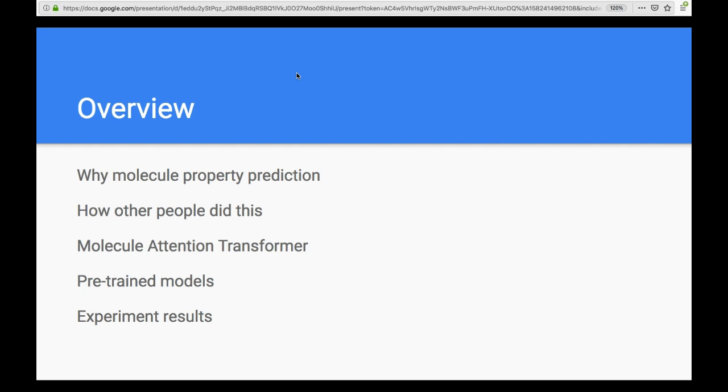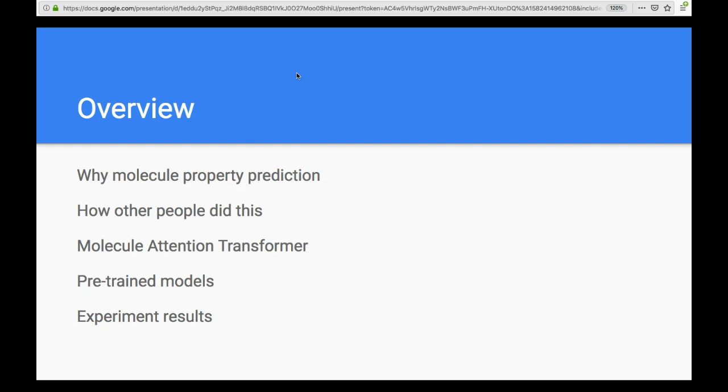After that, the authors didn't only publish the modified version of the transformer, they also used a pre-training technique to train a very good, robust transformer model for molecule property prediction, and it's proven quite effective.